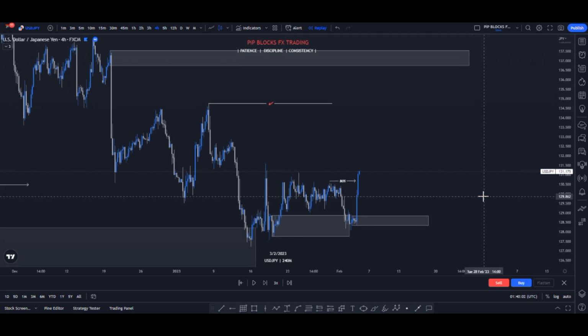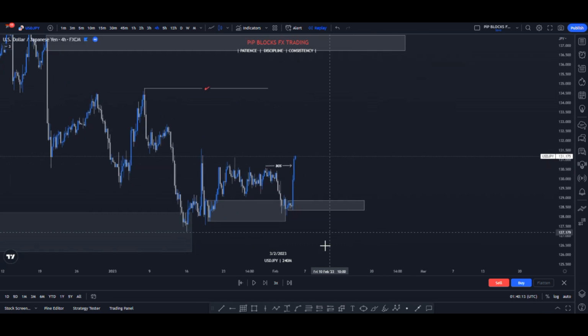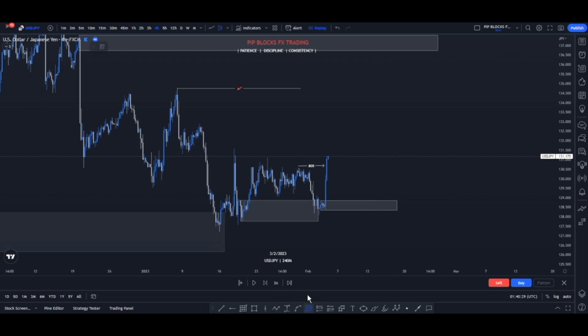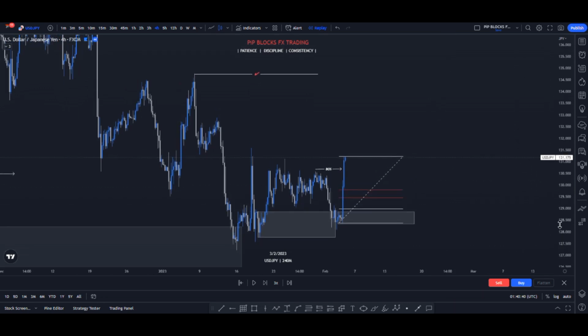The reason why I marked this particular zone is something I've studied about JPY pairs. You'll be expecting them to trade right into the zone, but most of the time, when you use your Fib, you get to know that they trade mostly between 0.5 and 0.68.